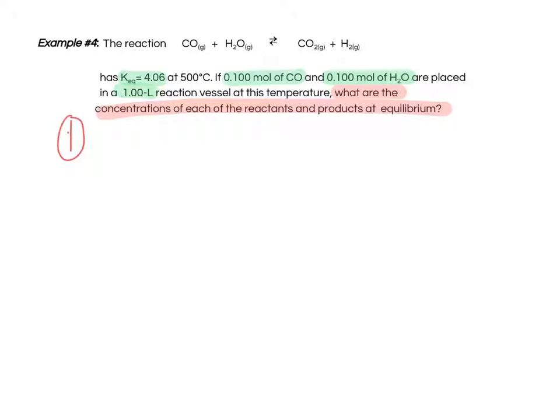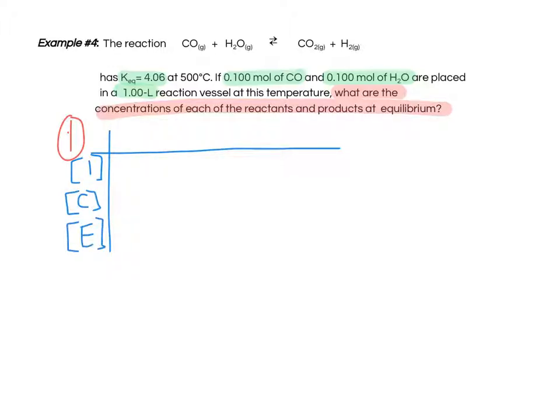So I'm going to do that right here. So initial concentration, change in concentration, and equilibrium concentration. I'm going to encourage you to pause the video now and try to construct an ICE box, and then just ensure that you're on the right track with this.